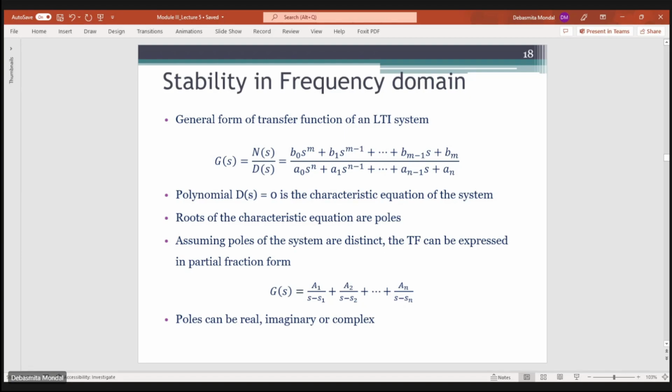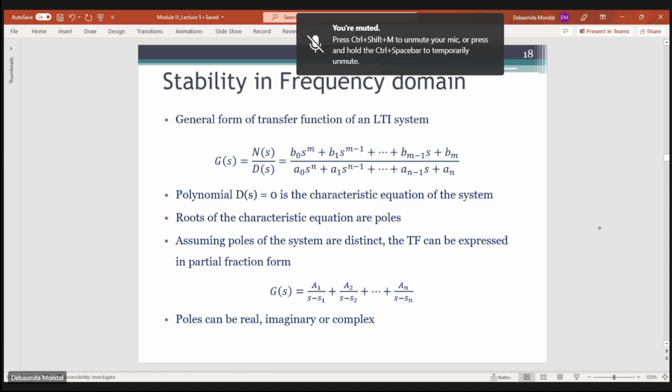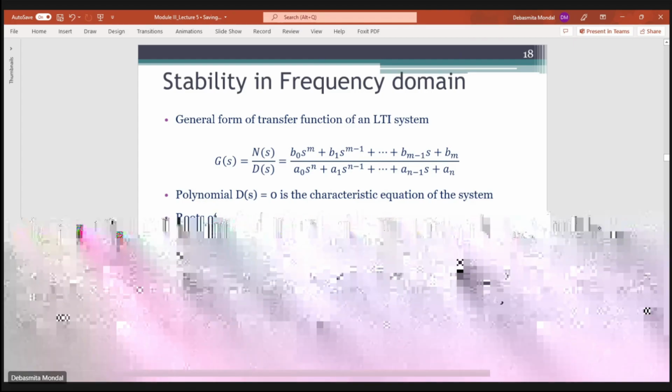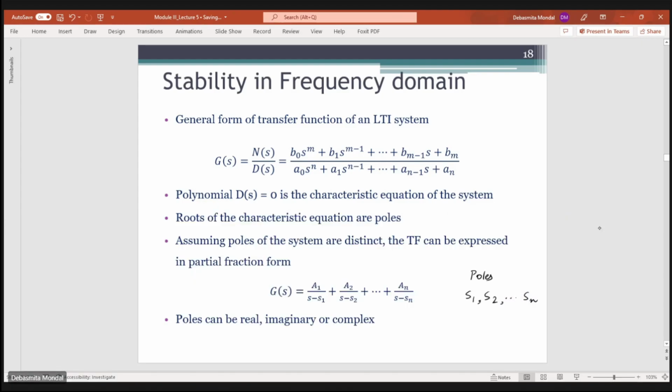So the poles of the system will be s1, s2 till sn.